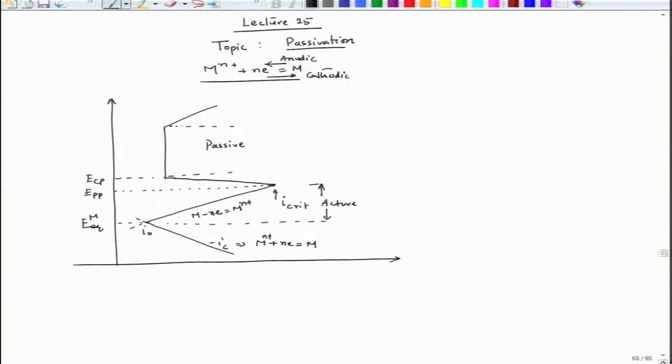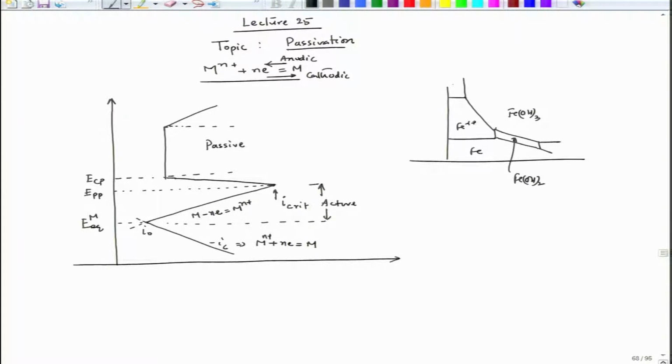Now, in one instance we could see that when the polarization curve, let us say this is my Pourbaix diagram of iron, here it is Fe(OH)3, this segment is Fe(OH)2, this is Fe++, this is Fe+3, and this is HFeO2 minus.